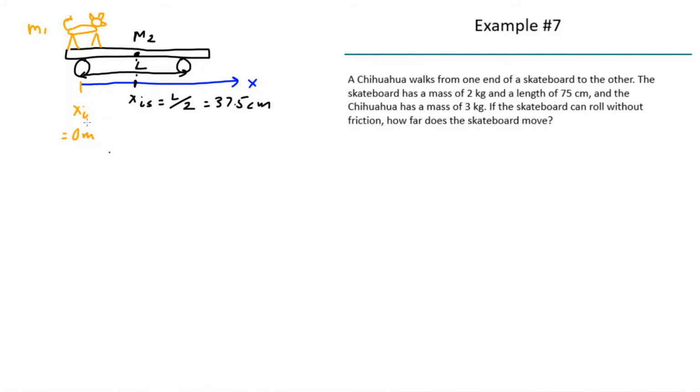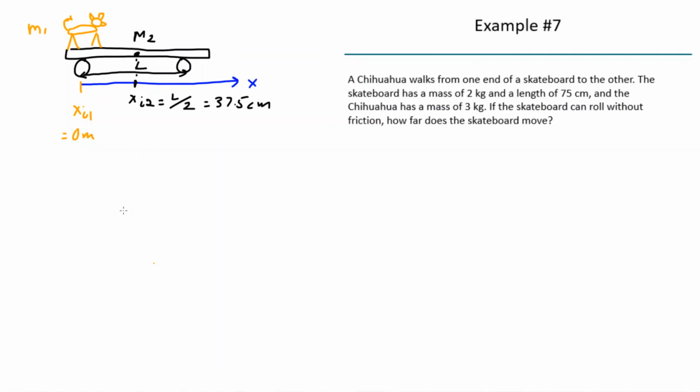Okay, so that's x initial skateboard. Actually, to make this all consistent, let's call this x initial 2, and this will be x initial 1. So chihuahua is m1, skateboard is m2.